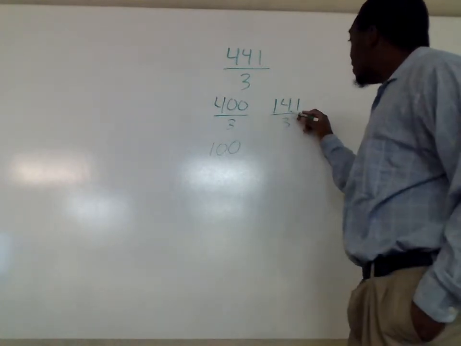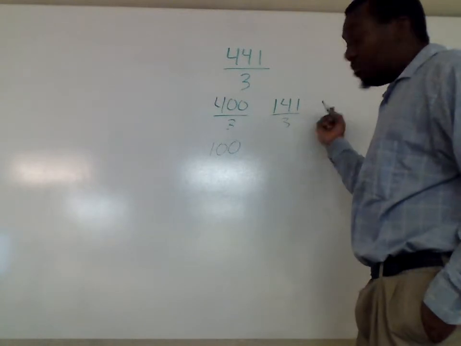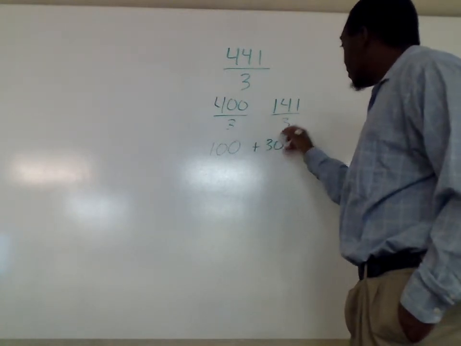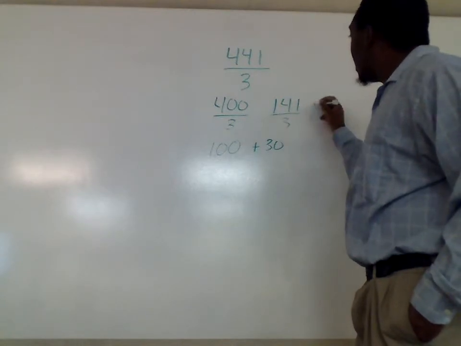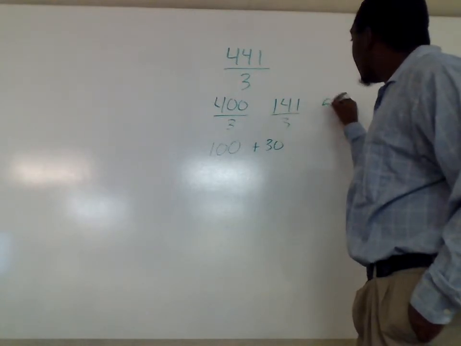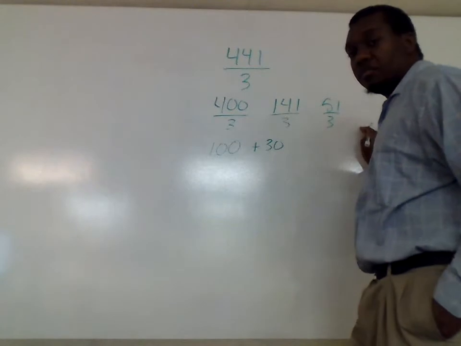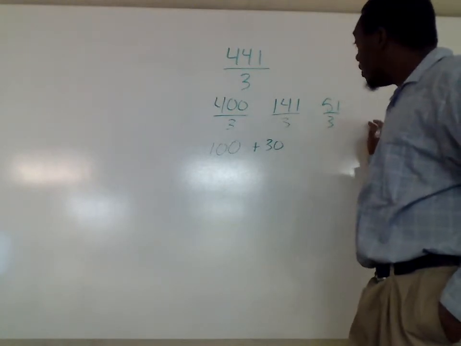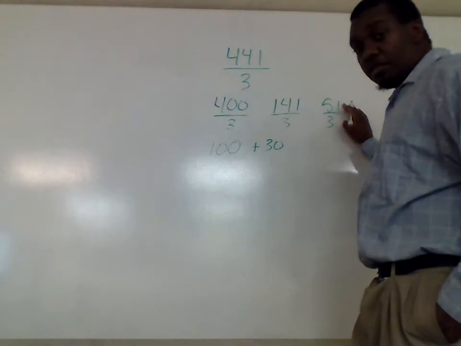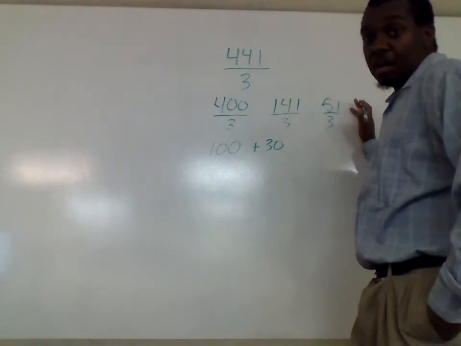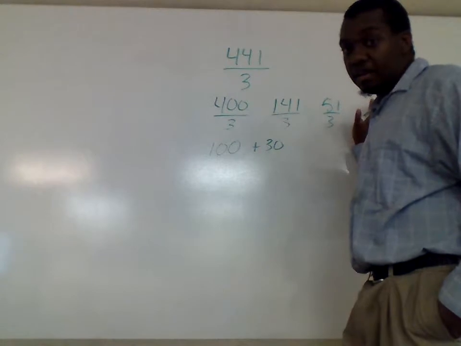So if you were to do that, you know that 90 divided by 3 would be 30. So we'd have 30 more. And we take 90 away from this guy. And we would have 51 divided by 3. Because we already took care of doing 90 divided by 3. So I have 51 left over. Okay, well, 51 divided by 3, maybe you already know what that is off the top of your head.